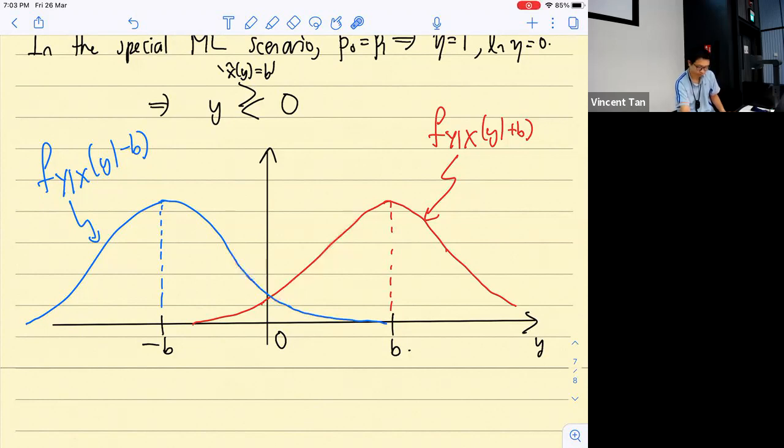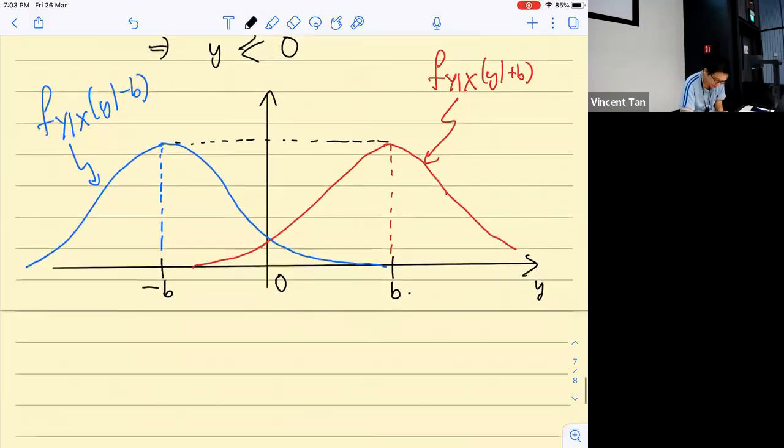If y lands here in the negative part, then this distribution is taller than this distribution because I drew this in a proper way. These two should also be of the same height if we draw this properly. So this is the standard theory of detection for the case of detecting antipolar signals.